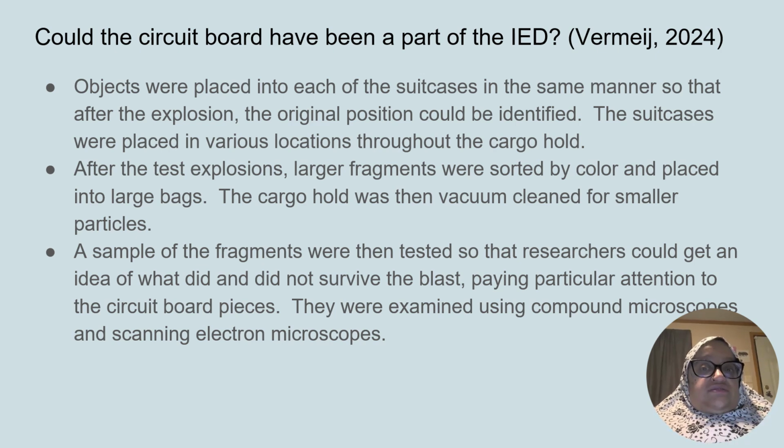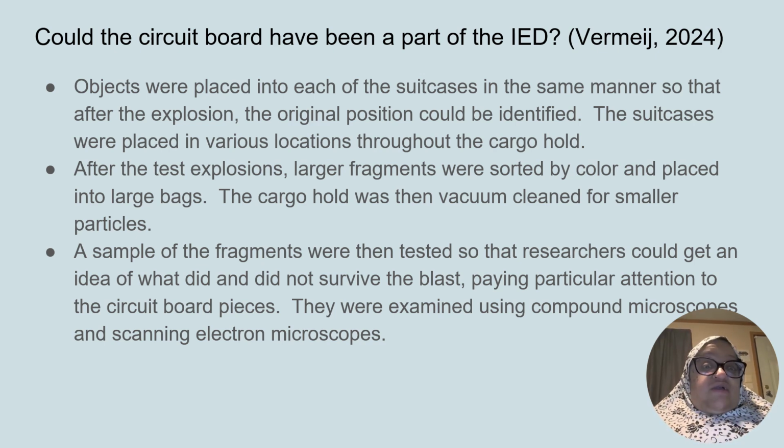The test suitcases in the various trials were placed in different locations throughout the cargo hold. After the test explosions, larger fragments were sorted by color and placed into large bags. The cargo hold was then vacuum cleaned for smaller particles.